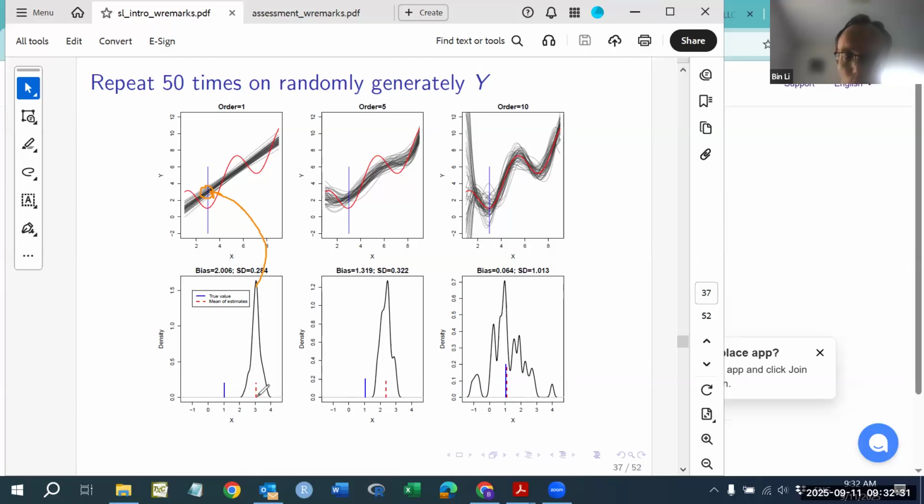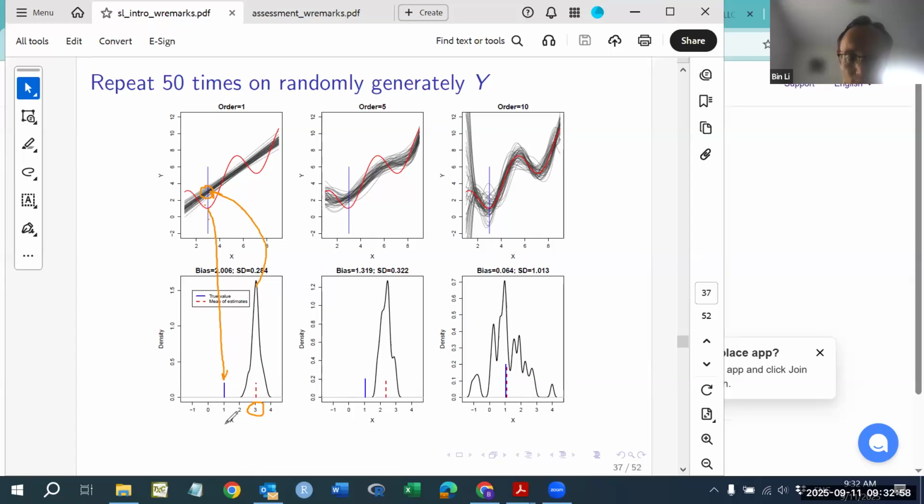What is that red dashed line at the bottom? That's the average, the center of the density curve. You can see the center is around 3. But the true value equals 1.